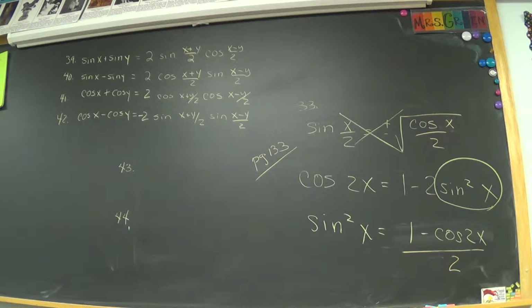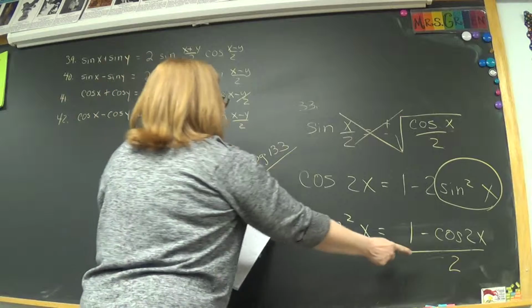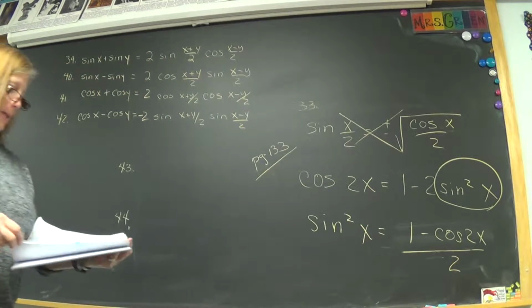Okay. That, I believe, is the power ID, called a power reducing ID, and all it does is take something that's squared and remove the square from it. So if I have sine squared, I can rewrite it without a square.